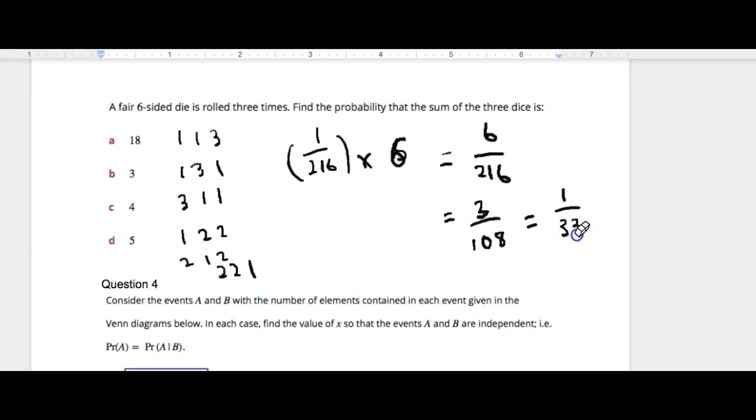Sorry, 36. 1 over 36. Yeah, sorry, 3 goes into 18 6 times, not 3 times. Simplifying your fractions, you do need to be able to do going into methods, and you can't simplify 1 over 216, so you do have to simplify it at the end. Sometimes it would be easier to simplify and then add.